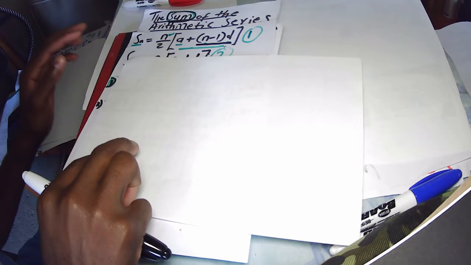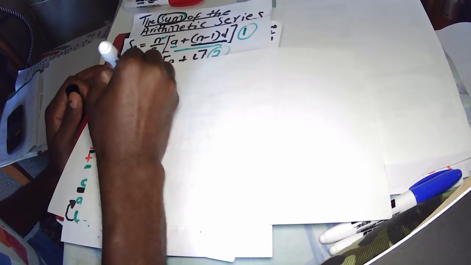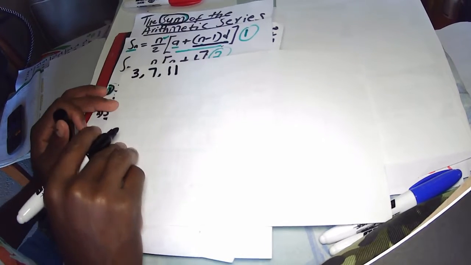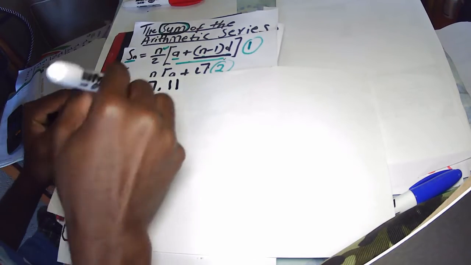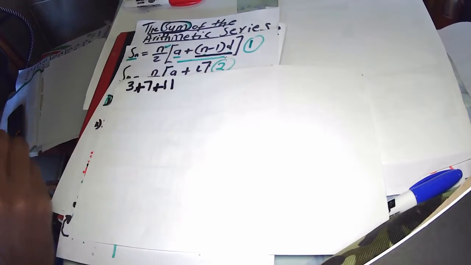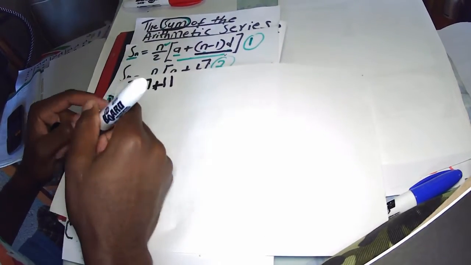I want us to look at something here. We have 3, 7, 11. These are the three terms that we have. Let me just put a plus, because today we are dealing with the sum of the arithmetic series, right?